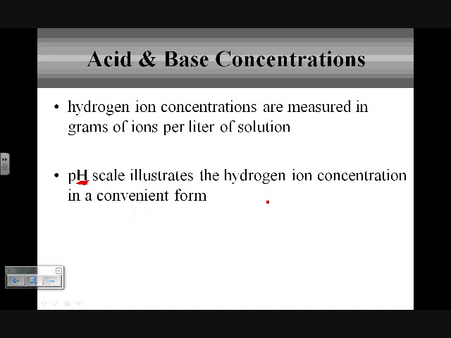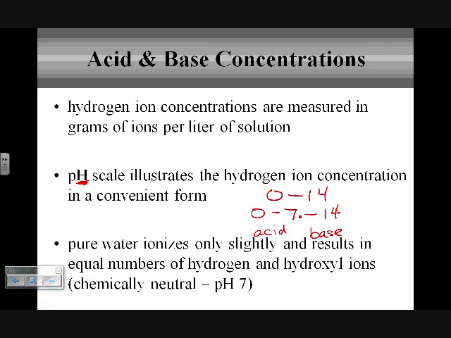And pH puts it in a nice easy scale, that scale being 0 to 7 to 14, above 7 being a base, below 7 being an acid. And like I said before, water is going to be neutral, that number in the middle, that's 7.